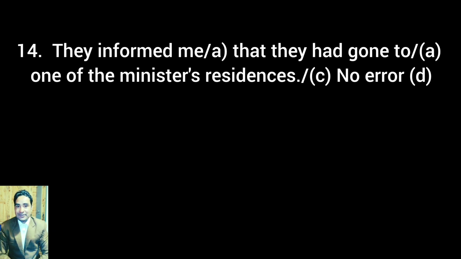You know very well about it. If you write this sentence, they informed me that they had gone to one of the ministers' residence, with one of the ministers plural and then apostrophe s and then residence, it will be an incorrect sentence. It will create ambiguity.